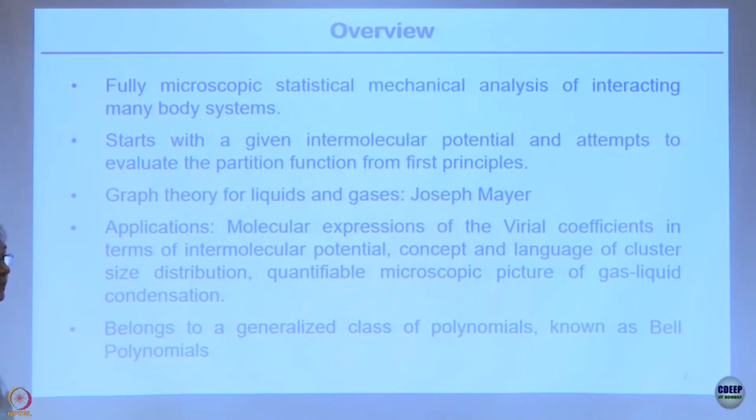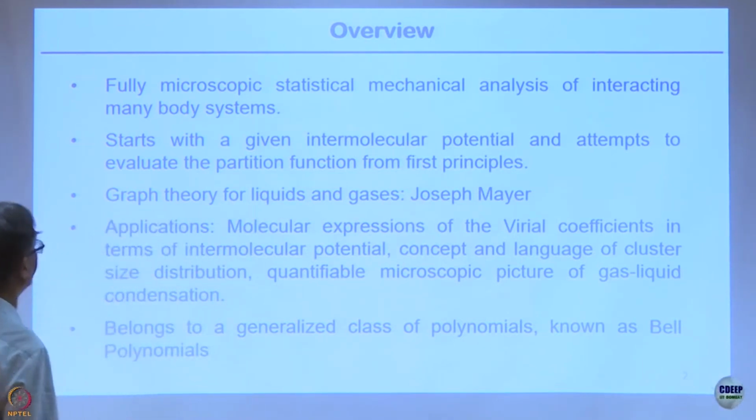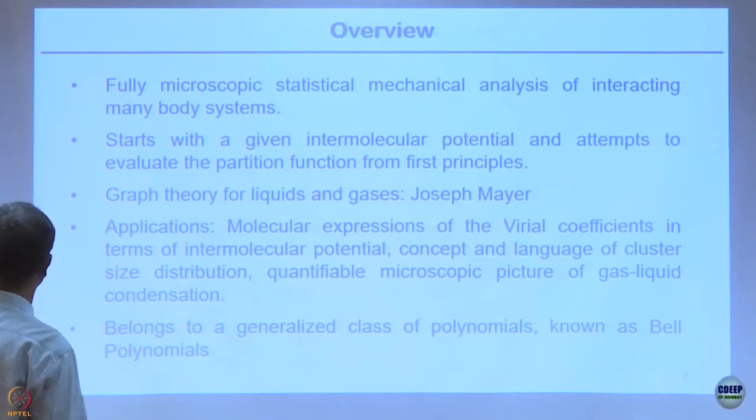Many of the quantum things that people do, like cluster expansion, coupled cluster, and all these kinds of things, basically started in stat mech. Even before all the Feynman graphs happened, in 1937 Joseph Mayer formulated the theory that we are going to describe.